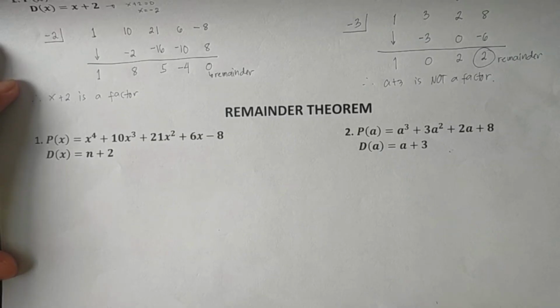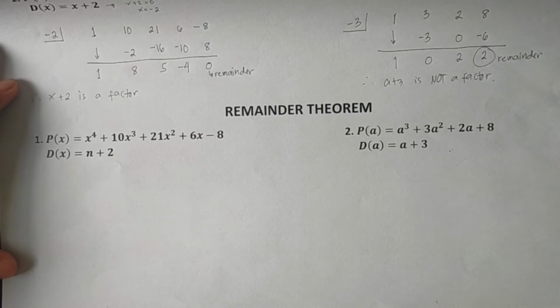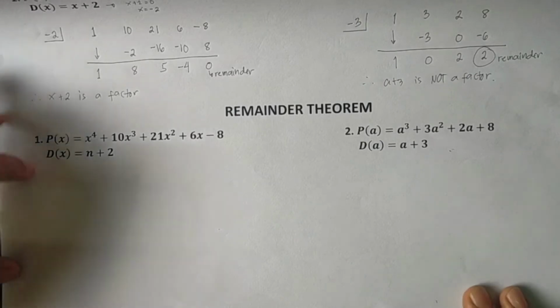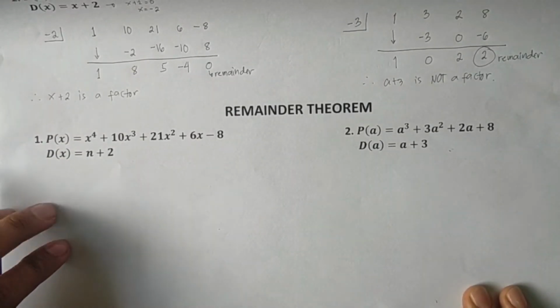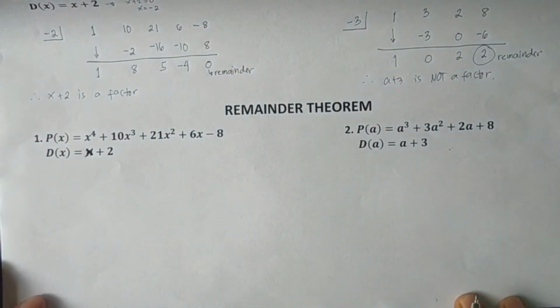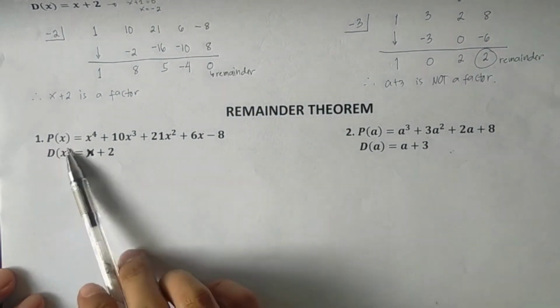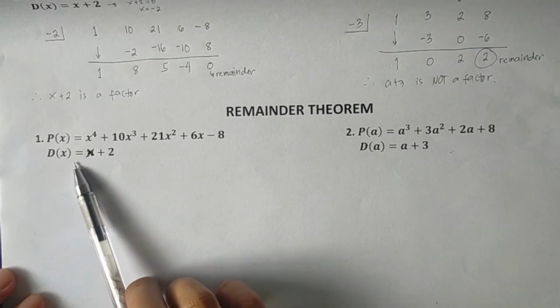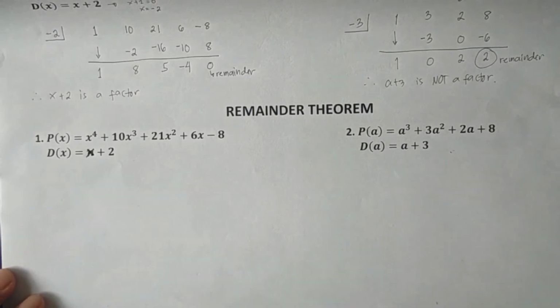Okay, there is also another theorem, that is the remainder theorem. This will help you find the remainder when you divide two polynomials. Now, how do we use the remainder theorem? Let's try to get the remainder when p of x is divided by d of x.